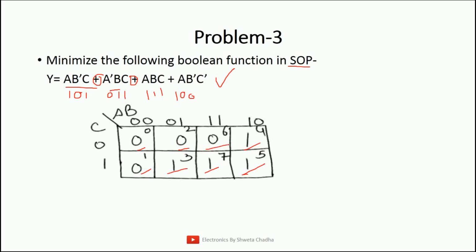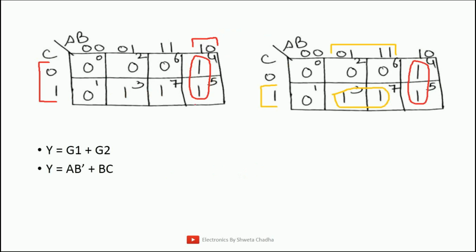Step number 3, grouping. Let us start with the grouping. A grouping of 8 is not possible. Next step, a grouping of 4 is also not possible. Next, a grouping of 2. Yes, a group of 2 is possible. So here comes our first group, and here comes our second group.